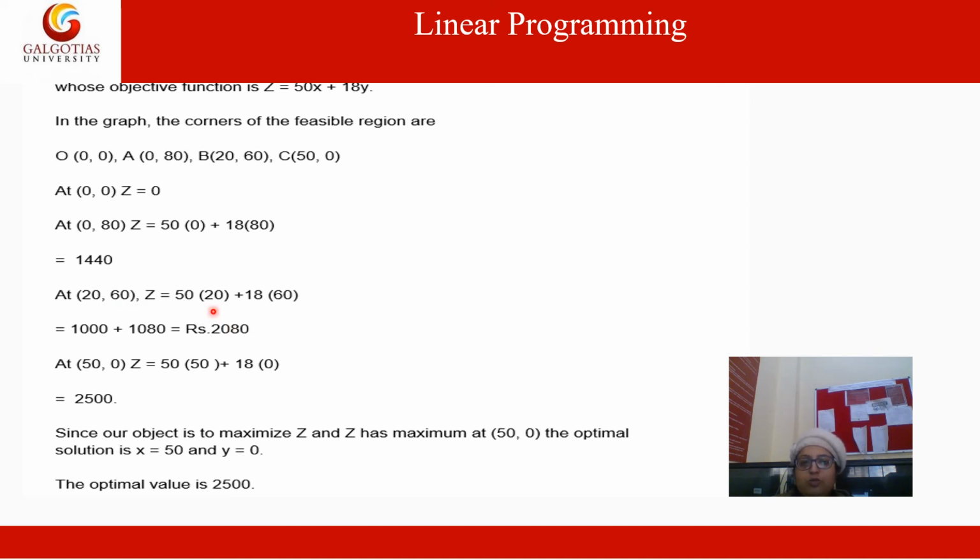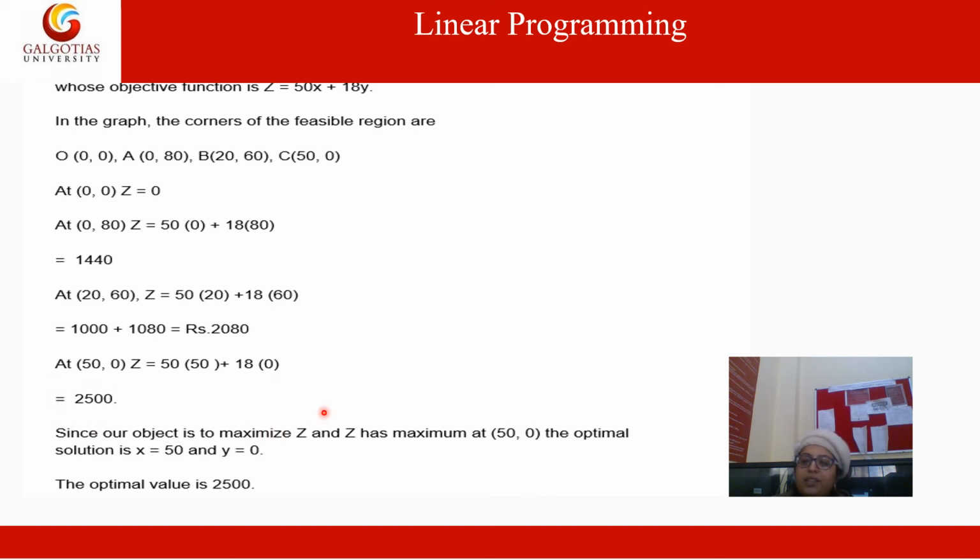When x was 20 and y was 60, we get the total amount of 2080. The next is we are having point C, which is 50 and 0. So let us put the value of x, which was 50, and y, which was 0, in the objective function. So we get the value of 2500.